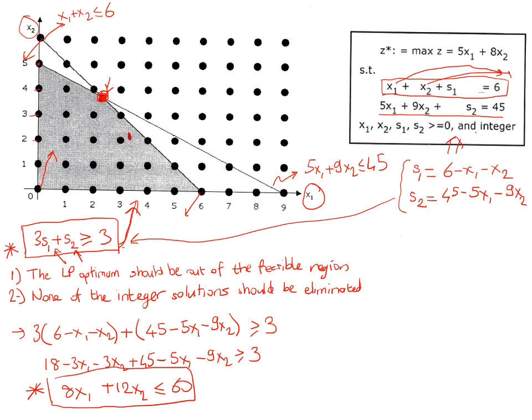And since I have x1 and x2, I can continue. I can sketch this on the feasible region, on the graph. And how do we do it? Basically, we just find the intersection points. If x1 is 0, then x2 is 60 over 12.